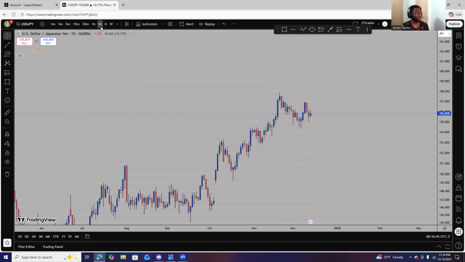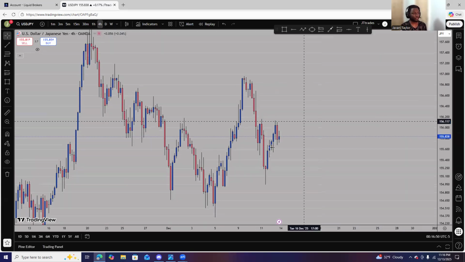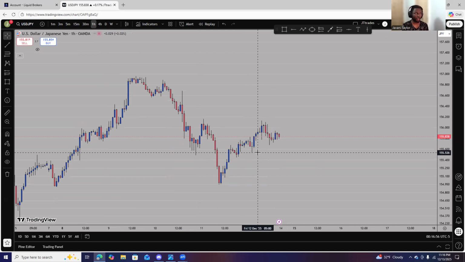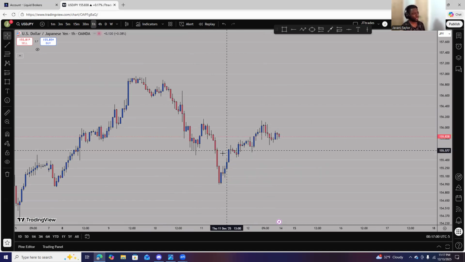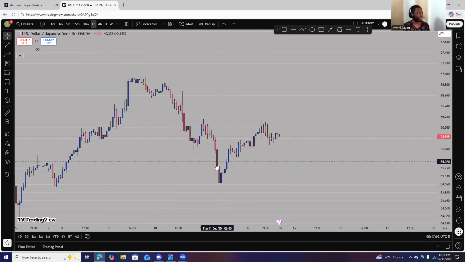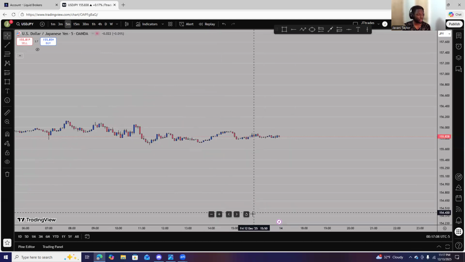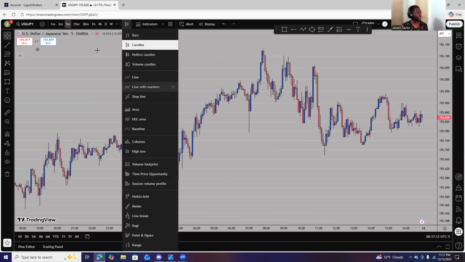You go down to the 4 hour, each candle on the 4 hour time frame represents 4 hours worth of price action. You go down to the 1 hour, it's the same thing, go all the way down. So each one of these candles represents the trading in whatever time frame you're in as it regards to candlesticks. You have multiple different things that you could use.